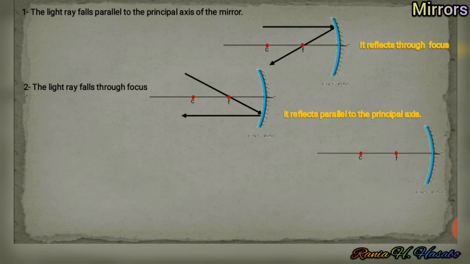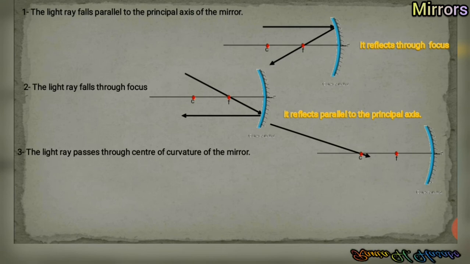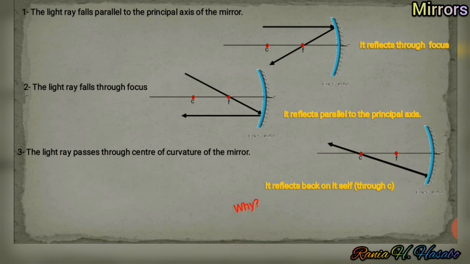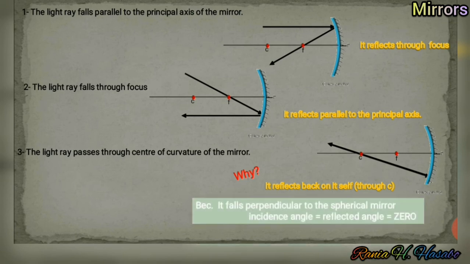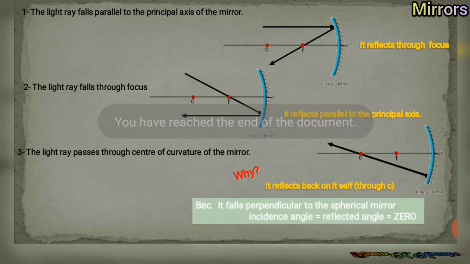Number three, if the path of the incident light ray passes through the center of curvature, it reflects back on itself. Here, the angle of incidence equals the angle of reflection equals 0, and the light ray falls perpendicular on the reflecting surface.